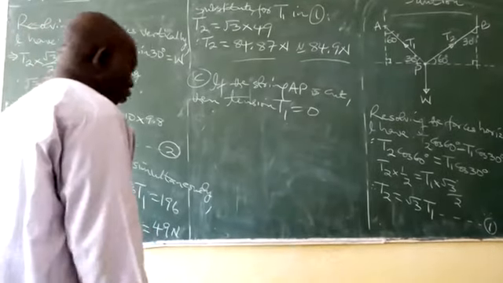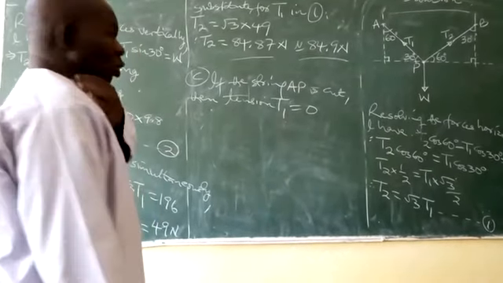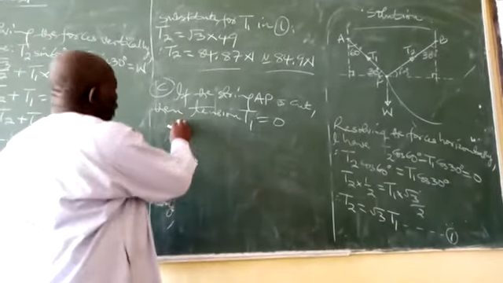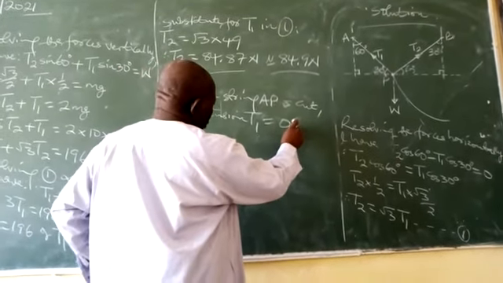You can pause first. If the string AP is cut, then tension T1 is equal to 0.